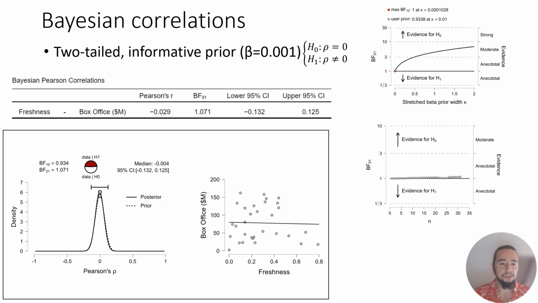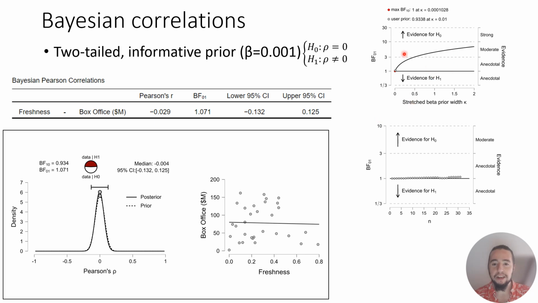Okay, so here is also an informative prior, a very informative prior with beta. Instead of having a greater value that is far from 0, it's going to be around 0. As you can see here, we have a beta of 0.001. The prior and the posterior are basically indistinguishable because they have basically the same shape. And so the data just supports this degree of belief that the correlation should be 0.